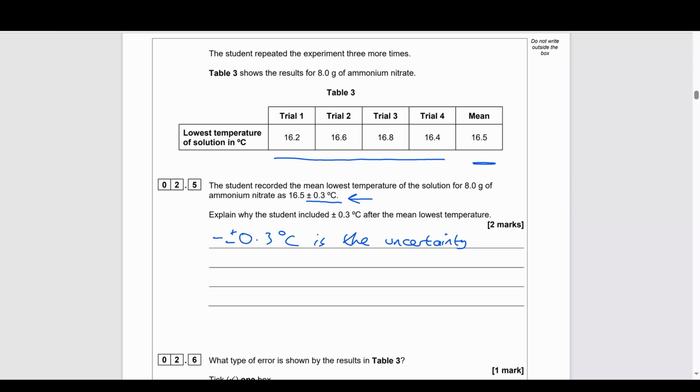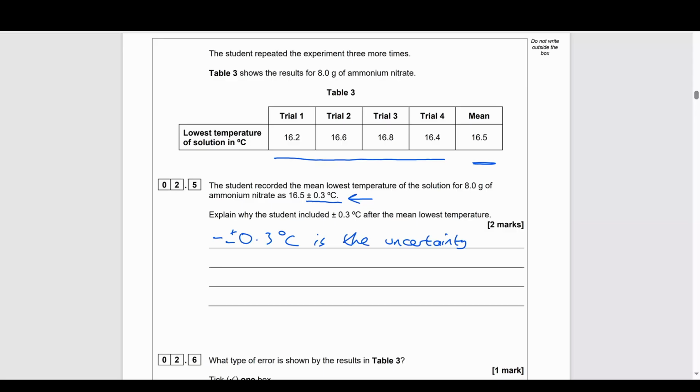Because it's got intervals, it could be read wrong by giving a higher temperature than normal or a lower temperature than normal. So because of that, there is a degree of uncertainty in your measurement. But how do you get the 0.3? Well, it's compared to the mean.